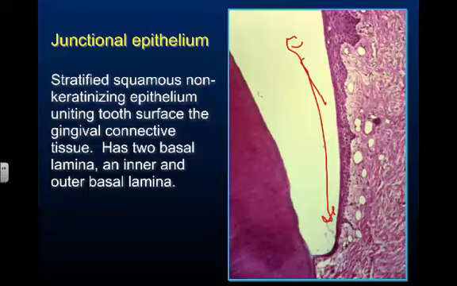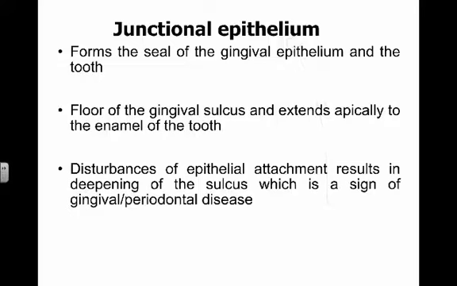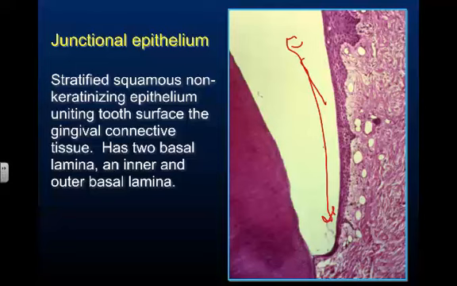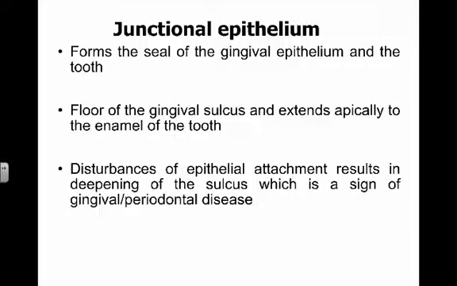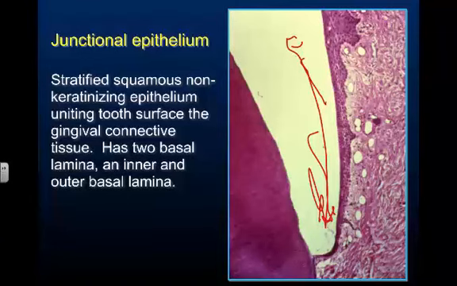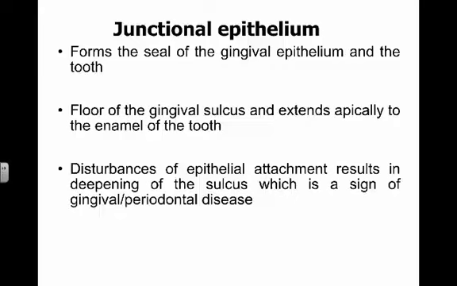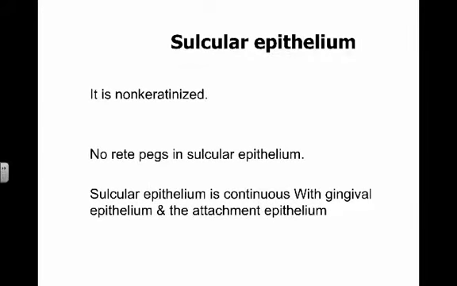It has an inner and an outer basal lamina. It is the seal of the gingival epithelium and the tooth, where you're going in there with your tools. It goes into the enamel of the tooth. So our issue, as you well know, is the deepening of the sulcus, and that's a sign, as I'm sure you've heard 3 zillion times.